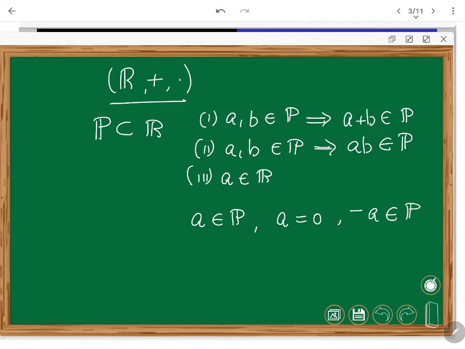Let me restate the third one again. Start with any real number a. Either a should be in P, or a must be 0, or minus a should be in P, the additive inverse is in P. Exactly one of the conditions should hold, which means for any real number a, exactly one of the following holds.